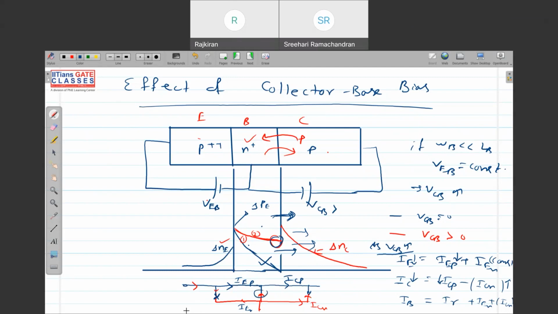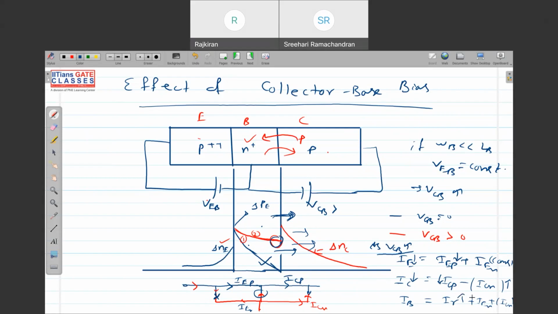From case 1 to case 2, I have more holes here and more recombination here. The area under the concentration profile is more in case 2, so recombination will be increasing.